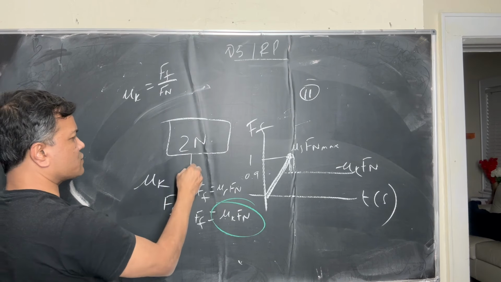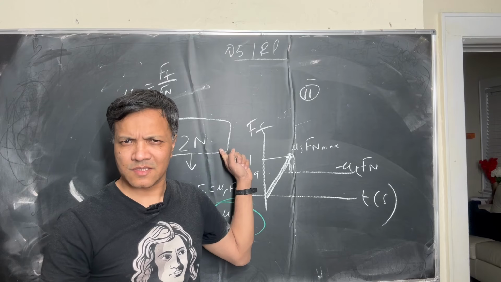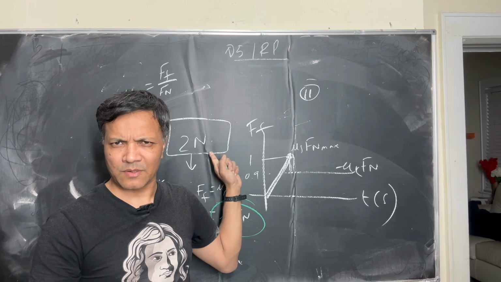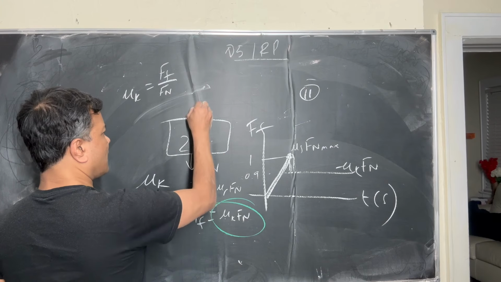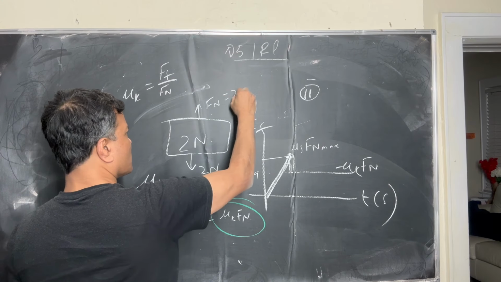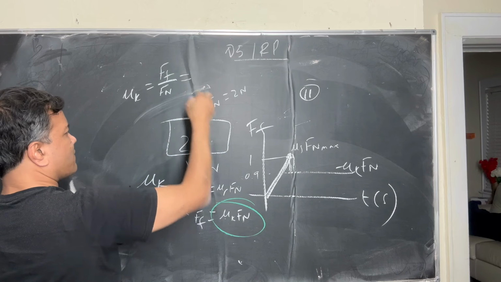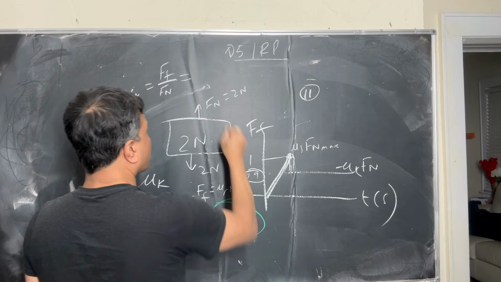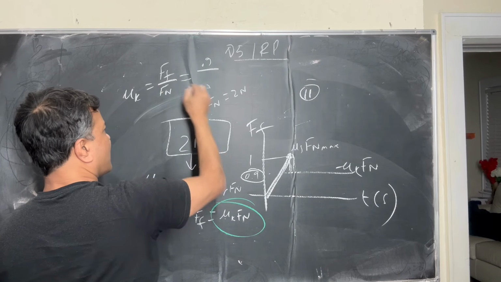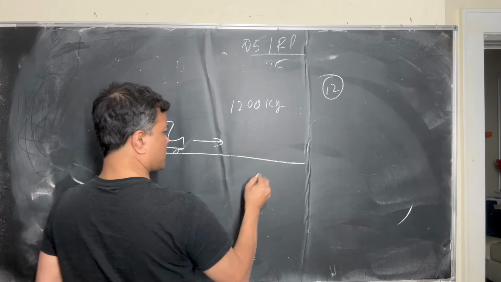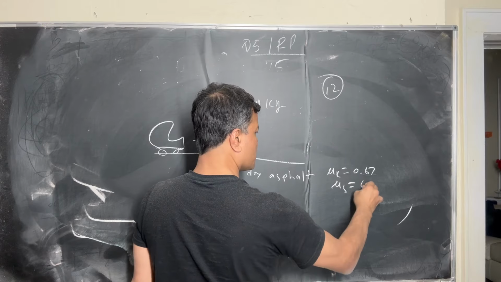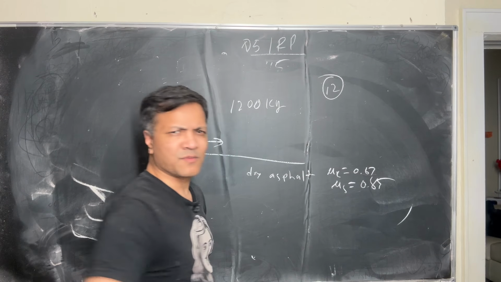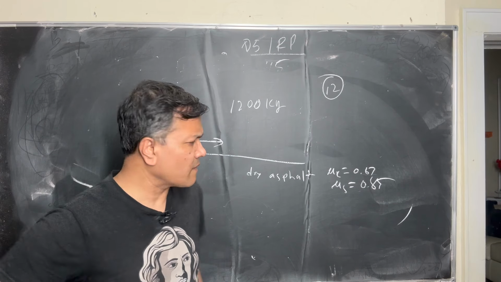So now this is 2 Newton, this is 0.2 kilogram, by the way. 0.2 kilogram times 10 is 2 Newton. So Fg is 2 Newton. Fn is 2 Newton. So Ff is 0.9, and Fn is 2. Okay, mu k is 0.67, mu s is 0.85. So this dry asphalt is like a concrete.